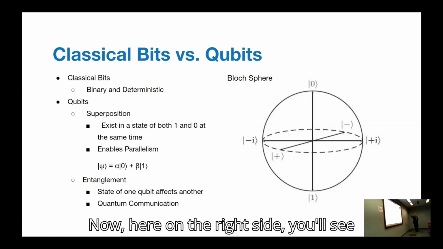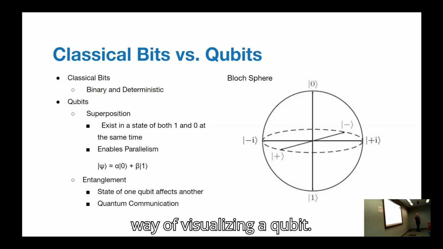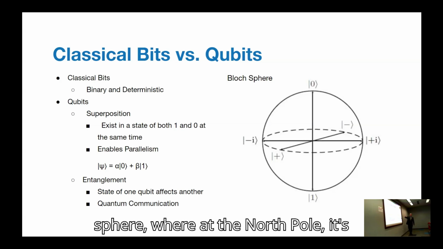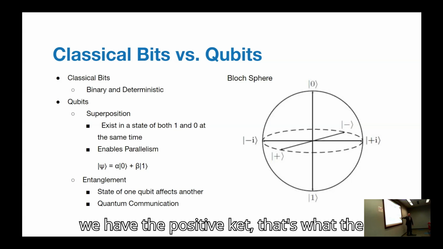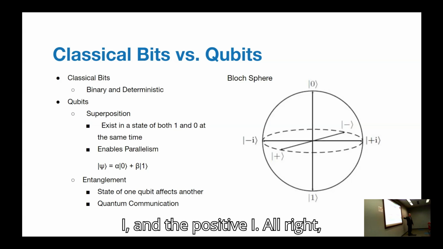Now, here on the right side, you'll see the Bloch sphere. This is the standard way of visualizing a qubit. A qubit exists somewhere on the sphere, where at the North Pole, it's purely in state 0, and the South Pole is purely in state 1. Then we have the positive ket, the negative ket, the negative i, and the positive i.